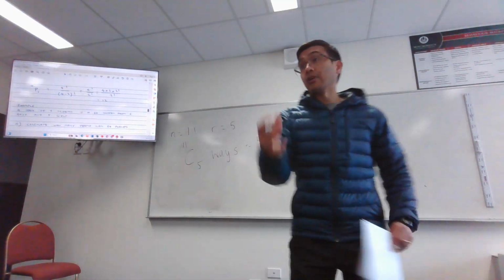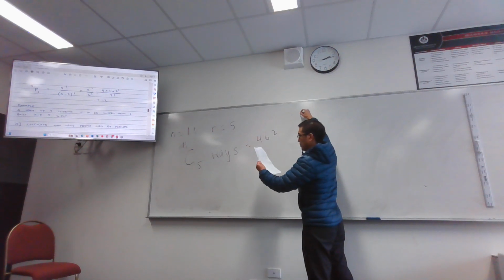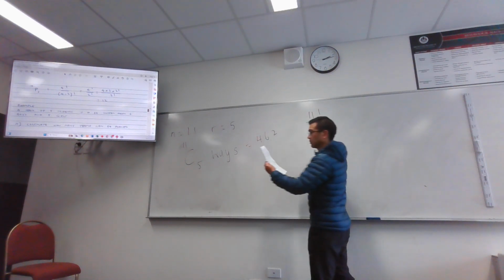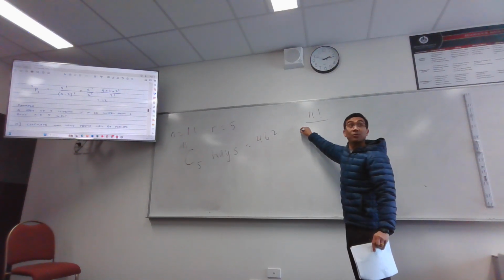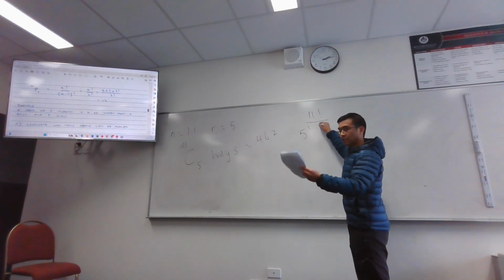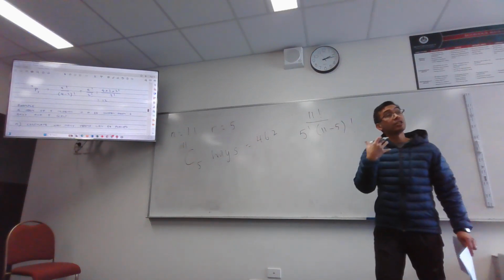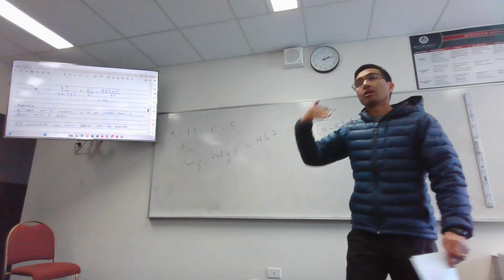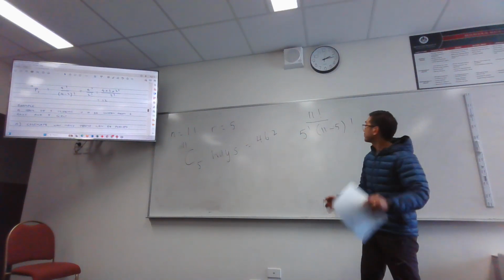Let's do it on paper. Oh, that's good. 11 factorial over R, what's R? 5 factorial. Yeah, you're going to get really used to this by repetition. You don't have to write down the formula all the time.